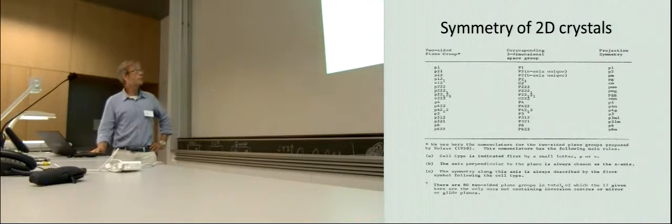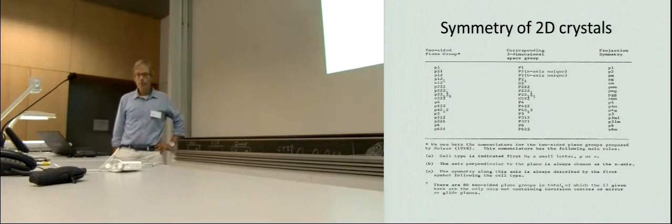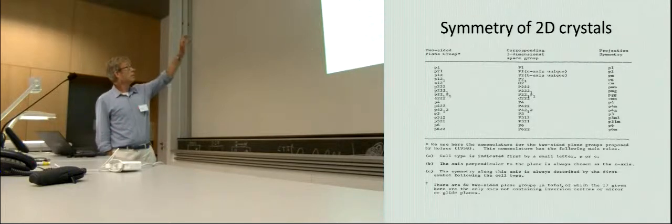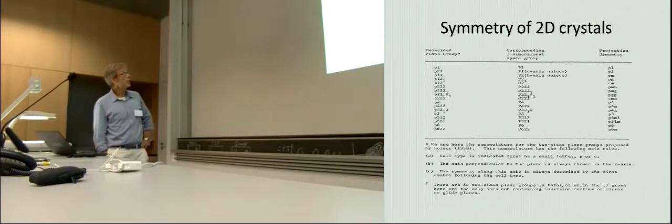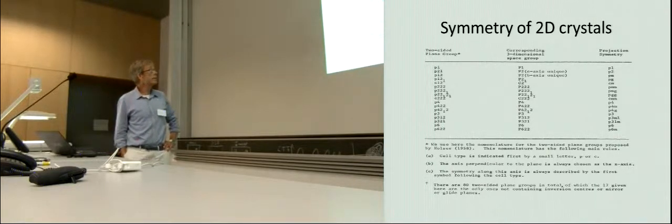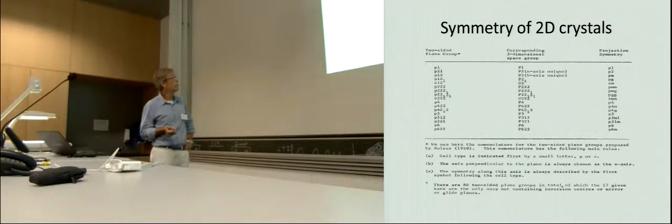And this is a list of the two-sided plane groups, and the nomenclature here is in the left column. The first letter here is a P or a C that defines if it's a primitive or a face-centered two-sided plane group.